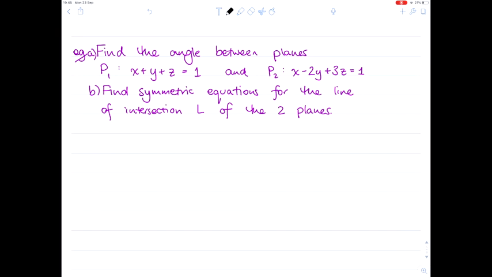So if we want to find the angle between planes P1 and P2, we also want to find the symmetric equations for the line of intersection, which we're going to call L, of these two planes. Okay, so we know that our angle between the two planes is the acute angle between their normal vectors.